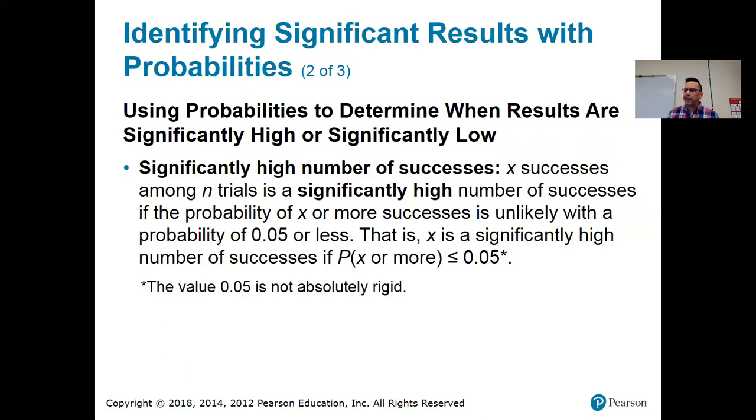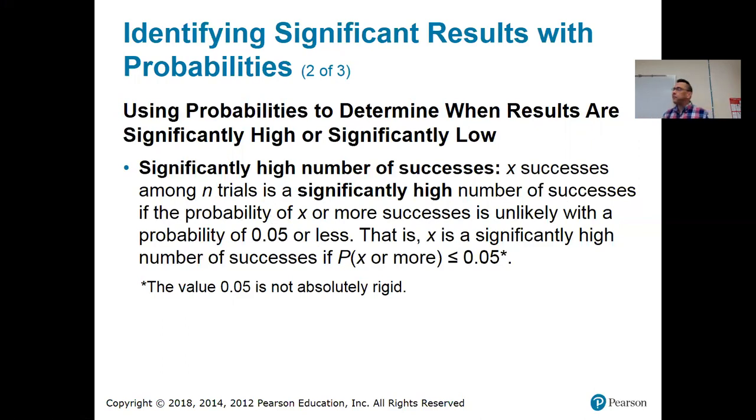So if, let's say I roll 62 7s in 100 rolls of the dice, I would say that is definitely a significantly high number of successes because the probability of that happening, I'm not prepared to show you this right now, but that probability would be a lot less than 0.05, okay? All right, so if the probability of the thing happening that many times is less than about 0.05, then we consider that to be a significantly high number of successes.